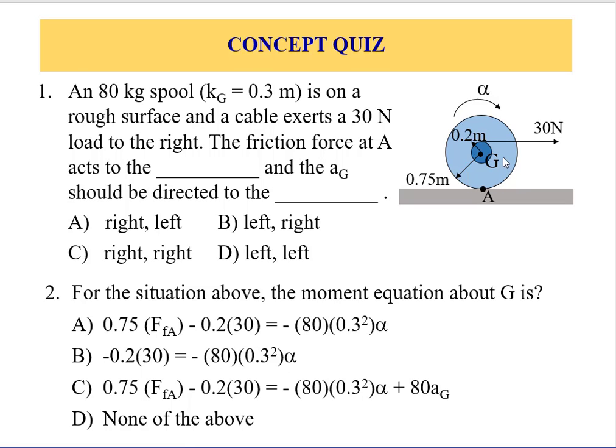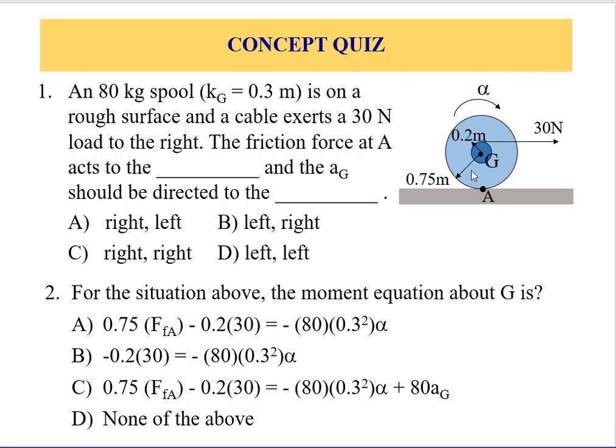The moment of the 30 is also clockwise, because this tends to rotate clockwise, so it's negative 30 multiplied by 0.2. However, the force to the right, but on the bottom side, tends to rotate this counterclockwise, right?